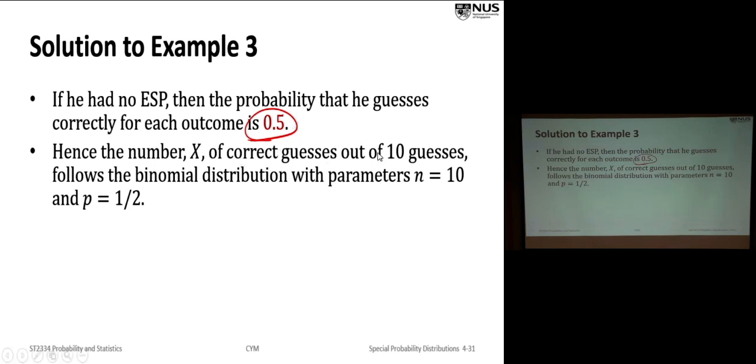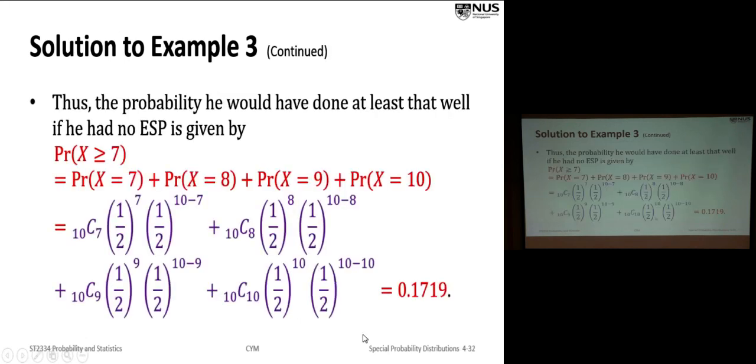Here there are only 2 choices, so the number of correct answers follows a binomial distribution, n equal to 10 and p equal to 0.5. We are trying to calculate how likely a normal person is to get 7 or more questions correct by guessing. You can read it out from the table, the answer is 0.1719.